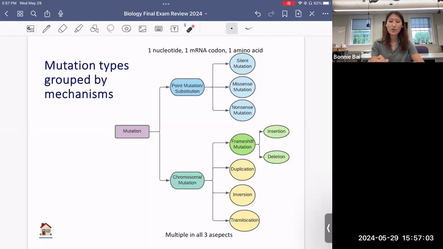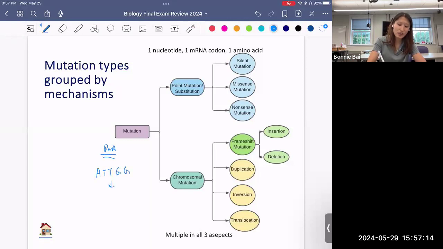For mutations, we have 2 types of mutations, but overall, whatever the type is, a mutation is when you have a change in the DNA sequence, right? Let's say you have ATTCG, and now it changes to ATGG, right? We changed one base in the DNA.